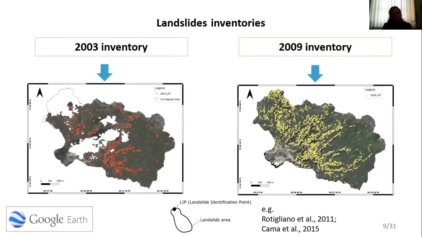All the landslides were mapped by a polygon and identified through a landslide identification point. In fact, in a number of studies, we have verified that these head source sectors very effectively represent the activation condition for surface debris flow.